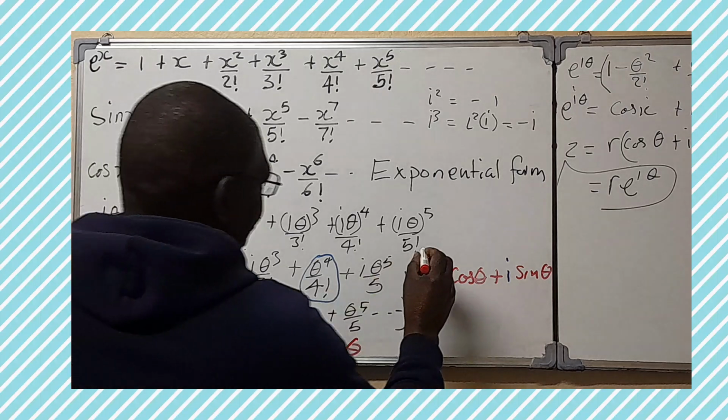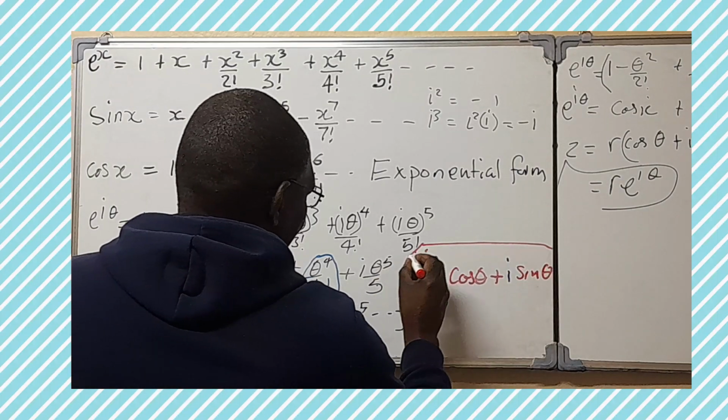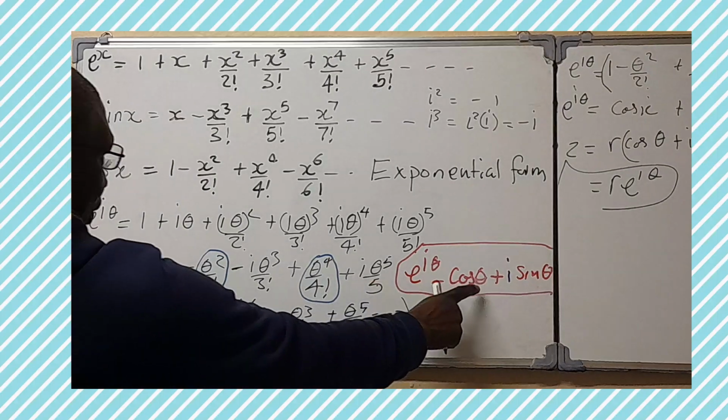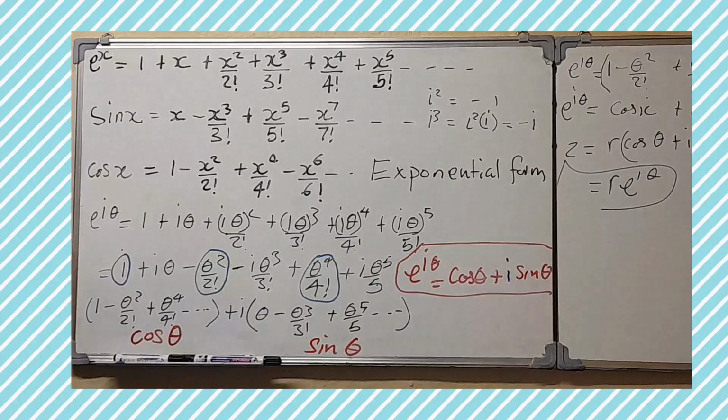So that's our result now. e raised to the power i theta is cosine of theta plus i sine of theta. What has this got to do with anything?